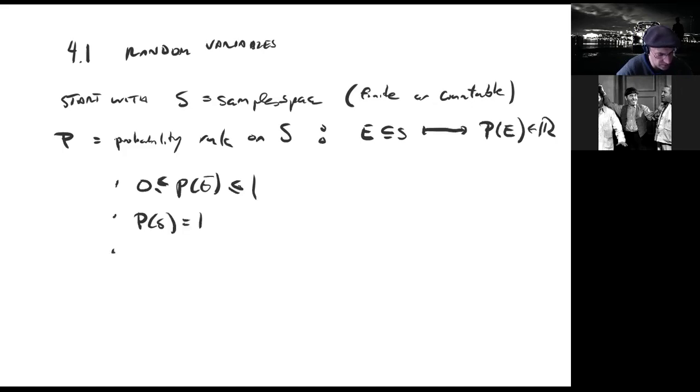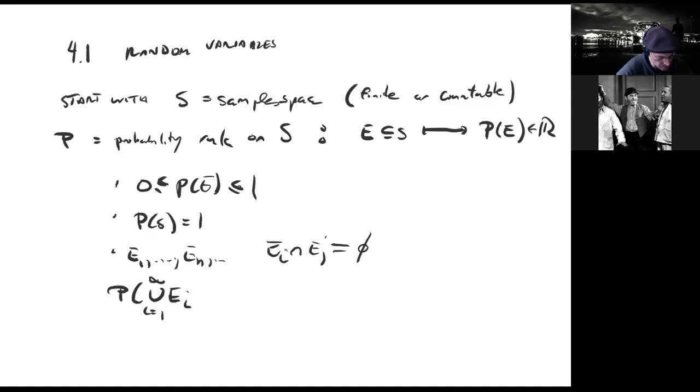And you know that if you have a sequence of events E1, E2, and so on, and every pair of events in the sequence are mutually exclusive, so E_i intersect E_j is empty, pairwise mutually exclusive, then the probability of the union of all the E_i, i goes from 1 to infinity, is the sum, i equals 1 to infinity, of P of E_i.